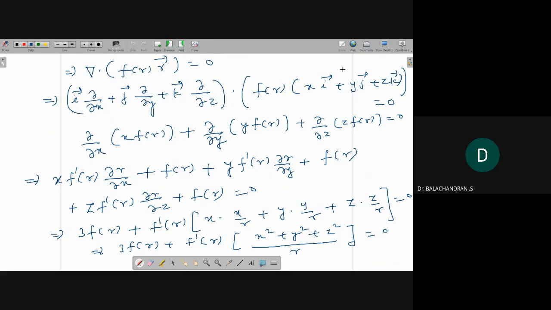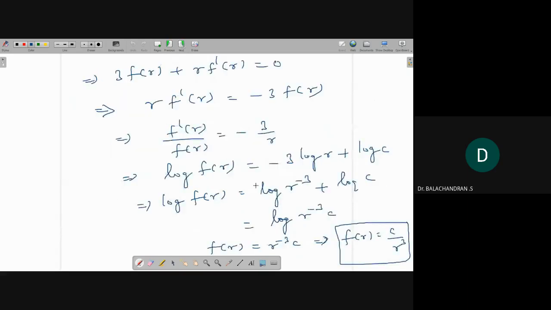Instead of writing this, today morning we discussed one result: del dot phi f vector is phi into del dot f vector plus del phi dot f vector. So using that identity, you can easily get f of r equal to c by r cube. This is a little bit lengthy procedure.